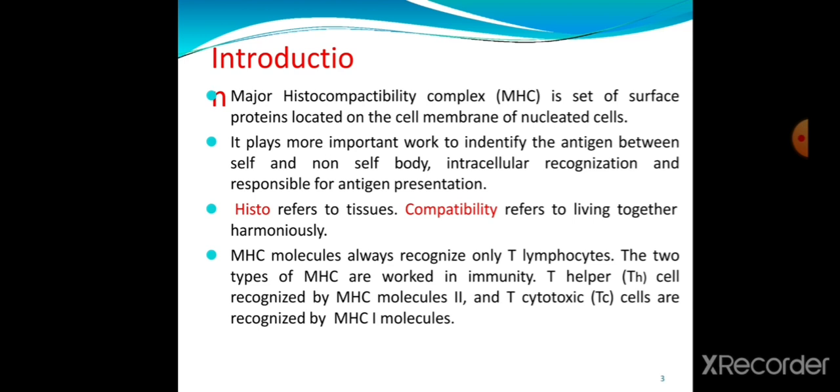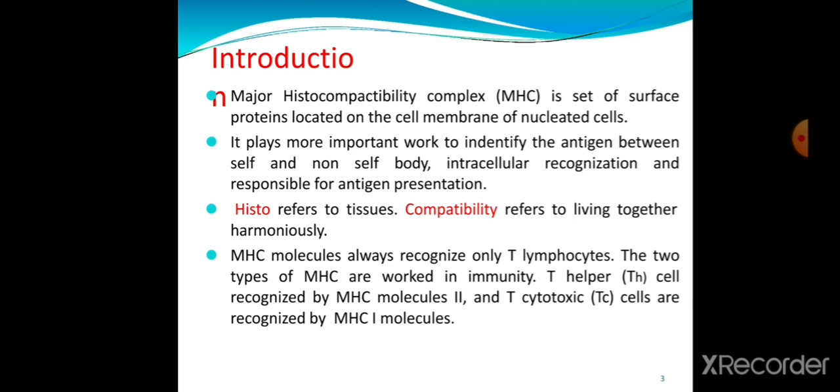MHC molecules always recognize only T lymphocytes. The two types of MHC in immunity: T helper cells, represented by TH, are recognized by MHC class 2 molecules, and T cytotoxic cells are recognized by MHC class 1 molecules.